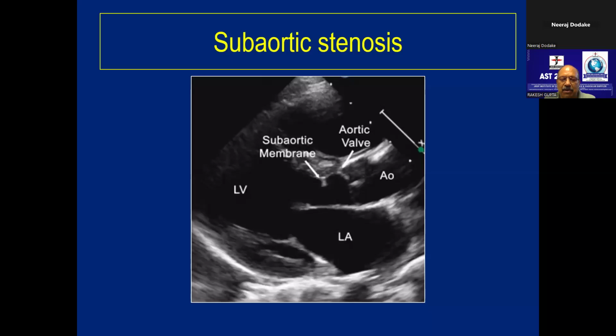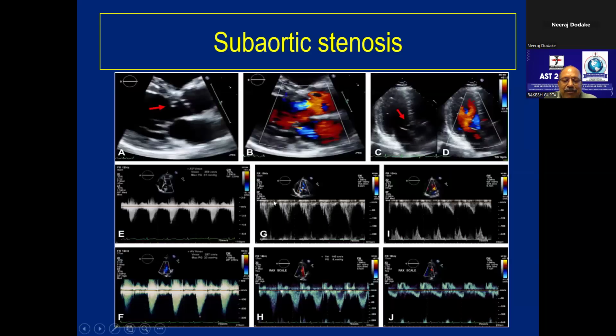When we talk about this, we are going to look at this kind of phenomenon. Subaortic stenosis and hypertrophic obstructive cardiomyopathy have almost the same features. What are the features? They have a slow acceleration time and sharp deceleration time in the form of a dagger-shaped Doppler spectral pattern.